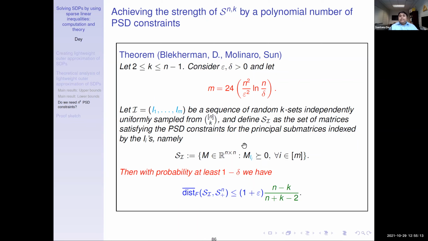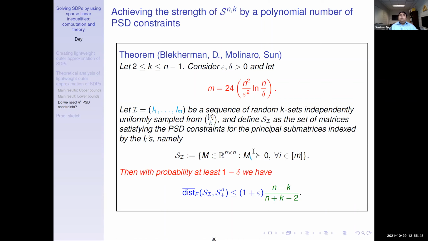So what you argue is the following. You look at this cone, and earlier I was taking an average of all the n choose k guys. The proof I just did, I took every k by k principal submatrix, zeroed out the rest, and took the average of all of them. Now you do the same operation, but over these m random supports.